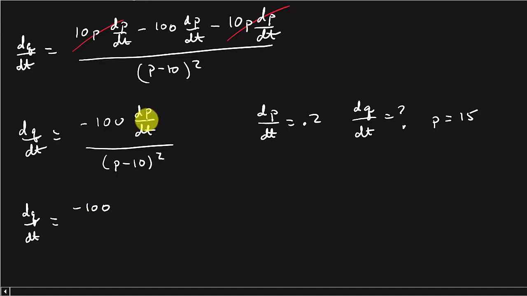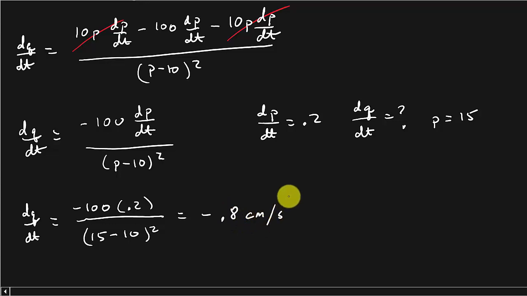Now dp/dt, we're going to plug in 0.2, times 0.2, over p. Well, what do they want us to plug in for p? 15. 15 minus 10, and that is squared. And what do we get? We get negative 0.8 centimeters per second.